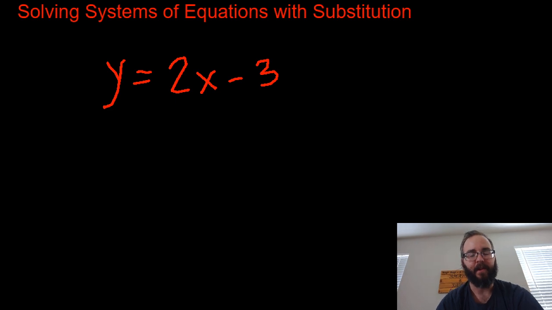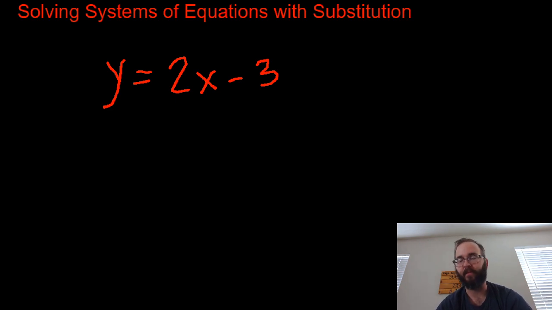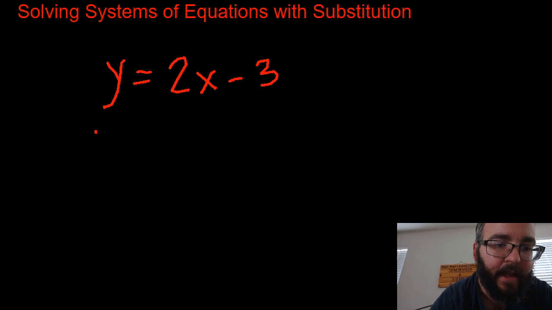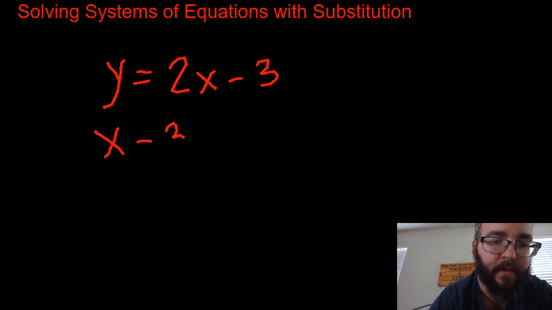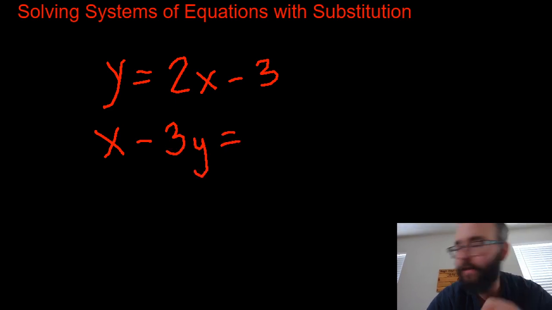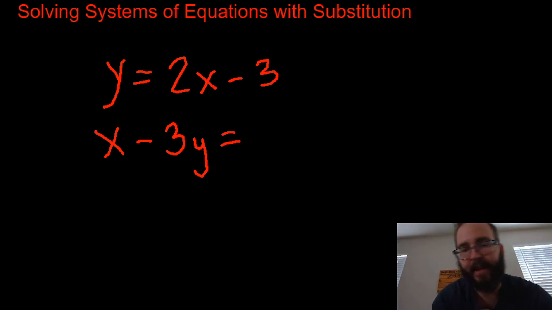Now on its own, this is just a linear slope-intercept, but we want to be able to solve for both x and y. The second half is going to be x minus 3y equals -6.